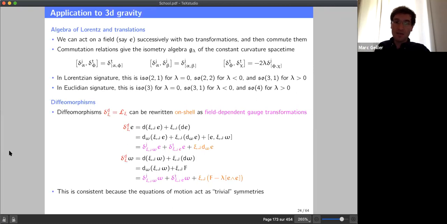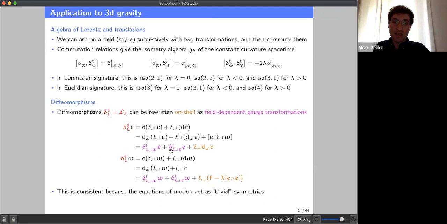It's completely consistent because it's a general result that in a theory, the equations of motion always act as trivial symmetries. So if you take the master variational formula that we had, I invite you to check that if you use the last line of this expression for the diffeomorphisms, the line involving the equations of motion, well, we already showed that the Lorentz transformations and the translations are symmetries of the Lagrangian.